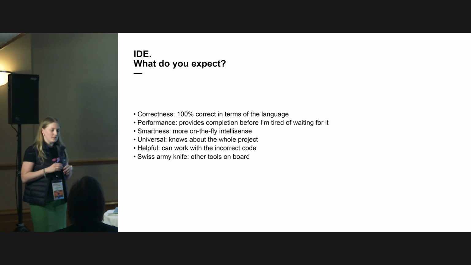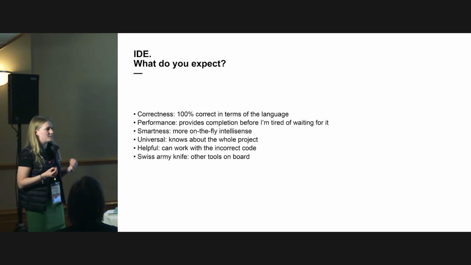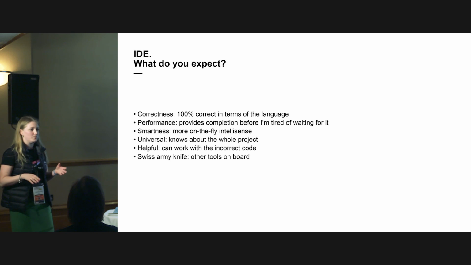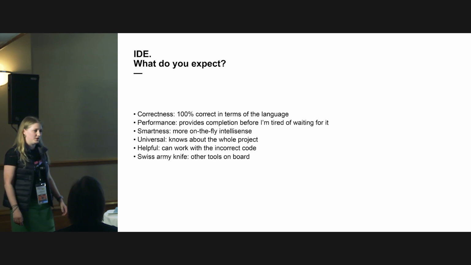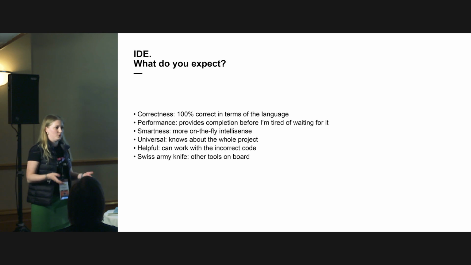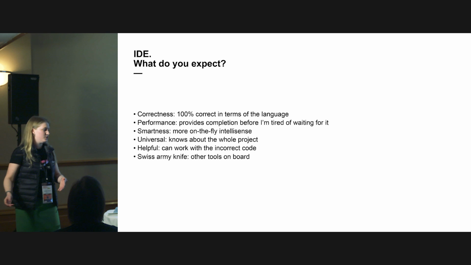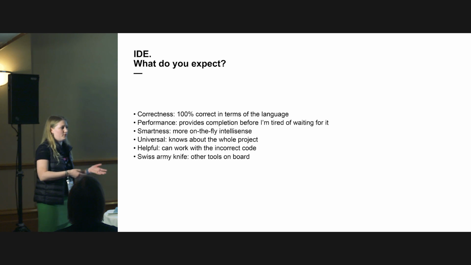This is good, but if you think more, the second thing you expect from the tool is performance. You could make a tool that is absolutely correct, but if you wait, let me say, 5 seconds for a completion, that's absolutely unusable. You won't use it. You'll just throw away this tool and go to some other tool or to some text editor.